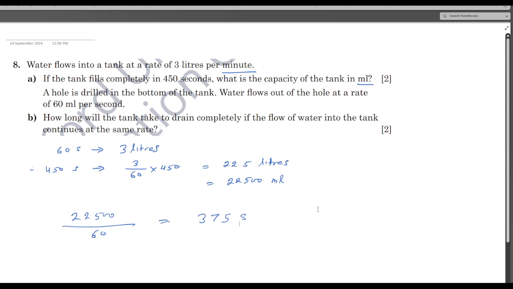So this 375 seconds, I will convert into minutes. It is 25 divided by 4, that is 6 minutes 15 seconds. So 6 minutes 15 seconds is the total time to drain it completely.